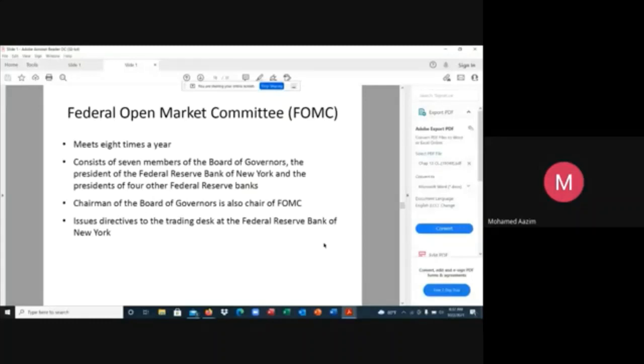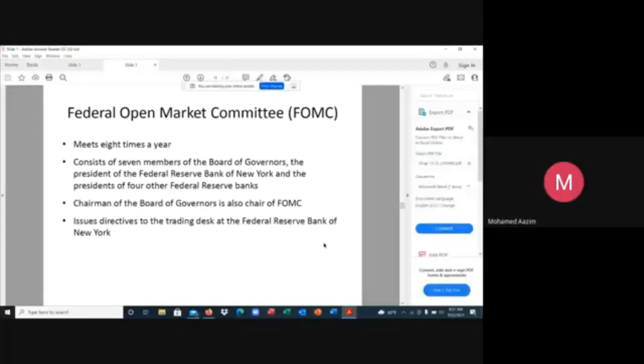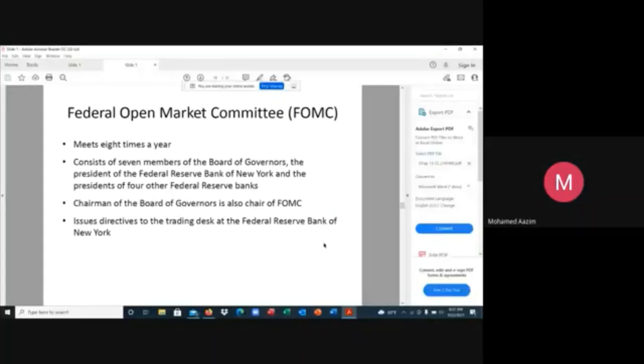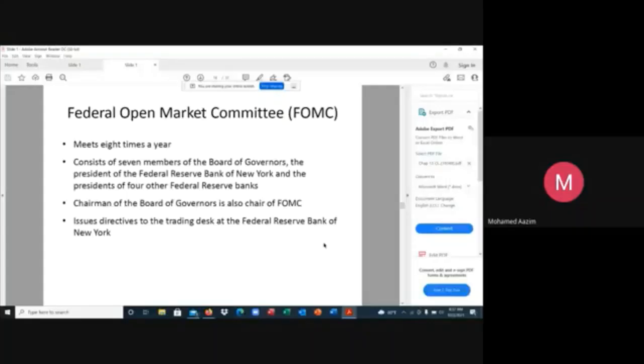And in the case of the FOMC in the US, as I said, there are 12 members: 7 members of the Board of Governors, plus 5 presidents of Fed Reserve Banks. New York is always a member, and the other 4 Fed Reserve Bank presidents take turns. And why New York?